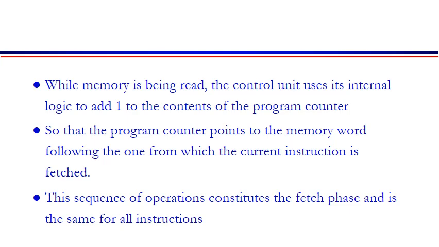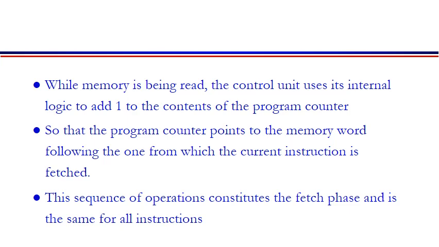While memory is being read, the control unit uses its internal logic to add 1 to the contents of the program counter. So the program counter will be incremented by 1 when the instruction is moved to the instruction register.